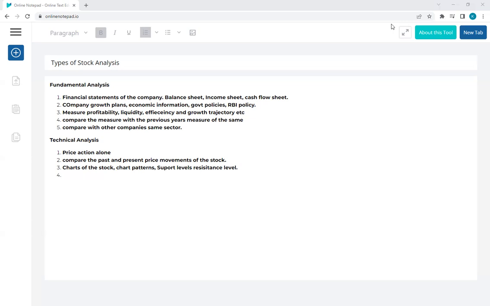It should have good products, a good customer base, a good plan, and a good growth strategy. Fundamentally strong companies can sustain for longer durations. So whoever wants a long-term investment plan can mainly prefer the fundamental analysis of the company.